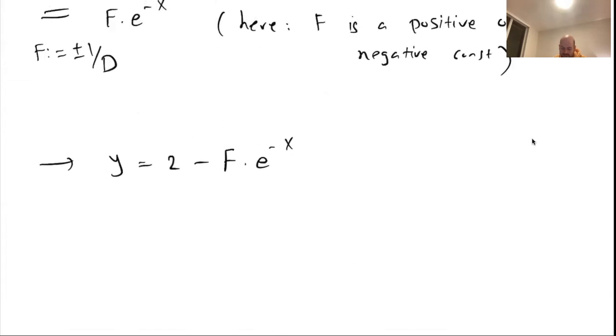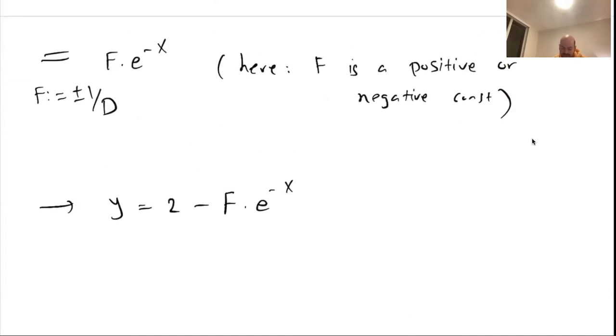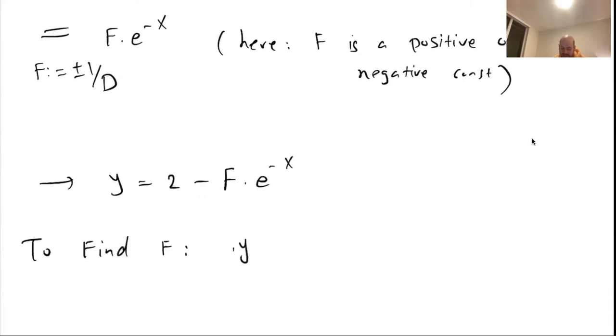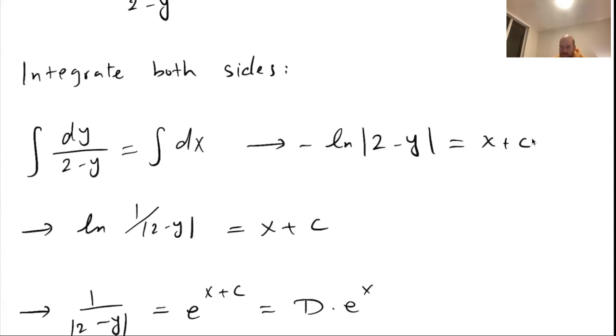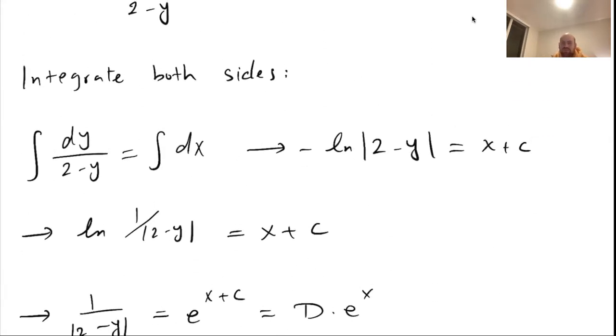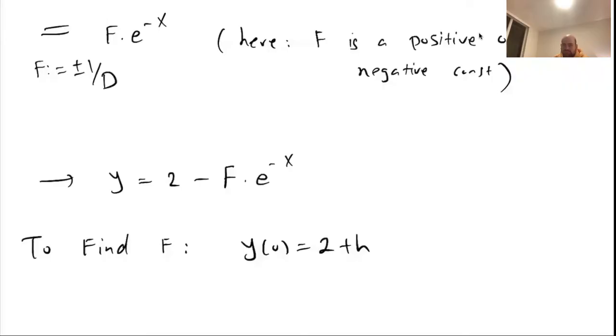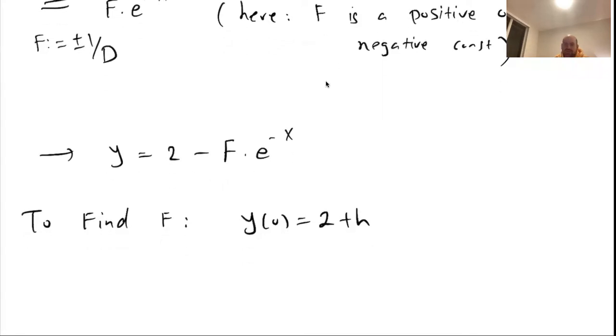And then we can say that to find f, use the initial condition. We know that y of 0 is 2 plus h, if you remember. And then if y of 0 is 2 plus h, y of 0 equals 2 plus h equals 2 minus f, if you replace x with 0 here.